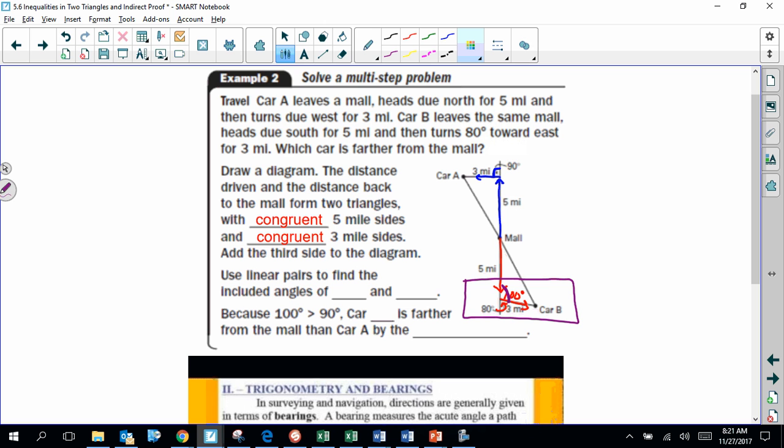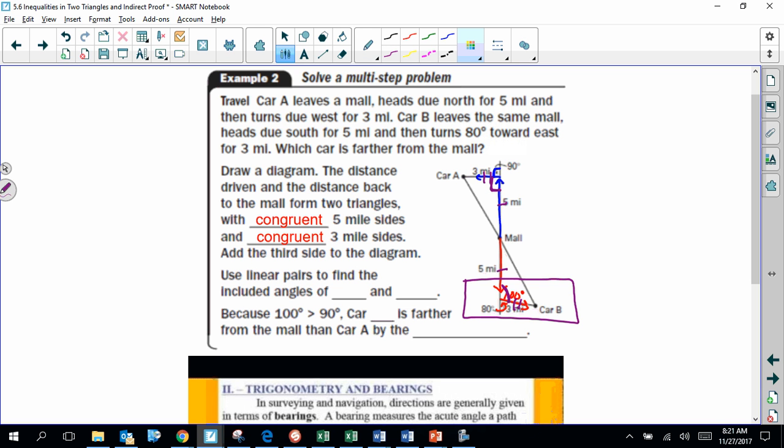Here we have this segment and this segment congruent, this segment and this segment congruent, but in one case we have an angle inside the triangle that's 100 degrees, and in the other we have an angle that's 90 degrees. If this is 90 degrees here, then this angle inside the triangle is also 90.